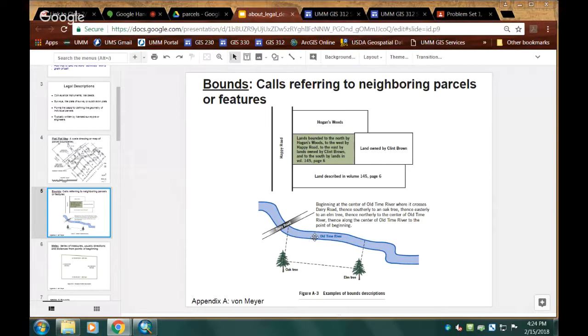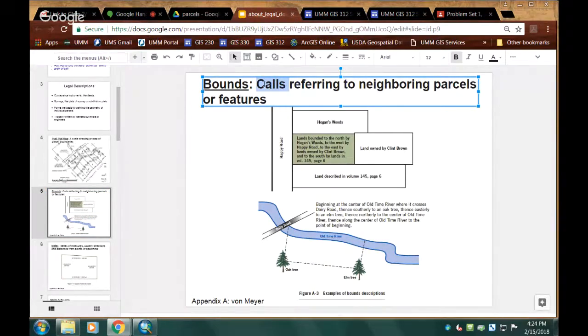One is called bounds. So remember, Nancy refers in the book to calls. Those are statements describing the land, and the calls refer to neighboring parcels or features.